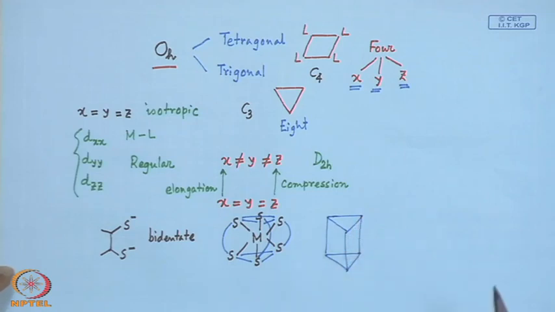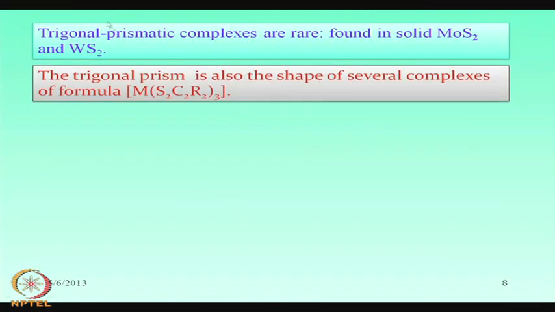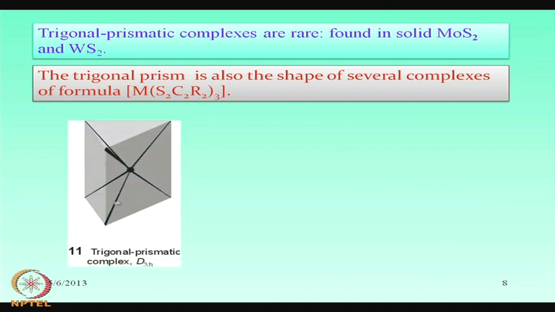This is the trigonal prismatic structure and we have the metal inside, which is completely different from the octahedral geometry.